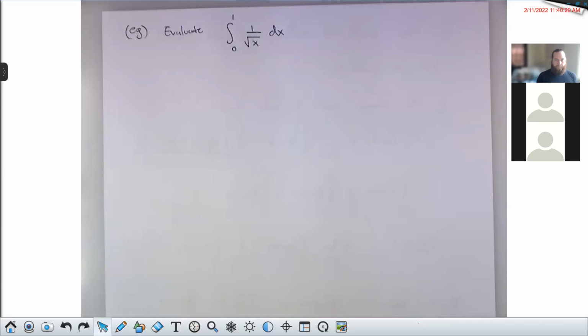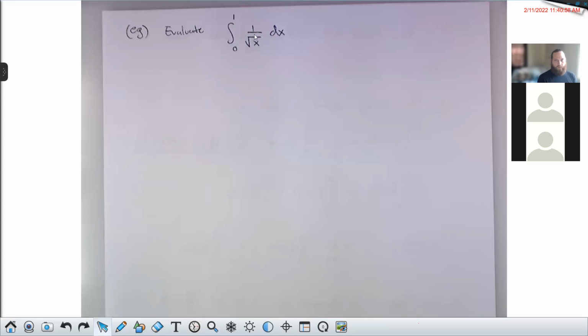I claim that despite neither of these bounds being infinite, that this integral is still an improper integral in the sense that the area might be infinite. Can anybody tell me why? Yeah, if you plug in 0 for x, the downstairs here is 0.